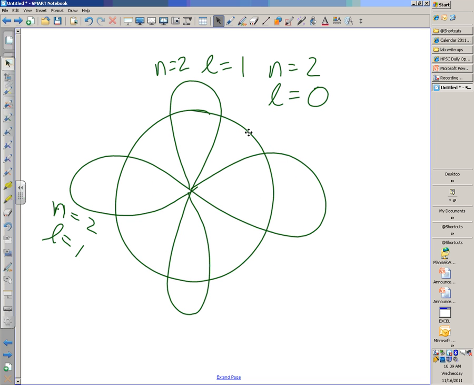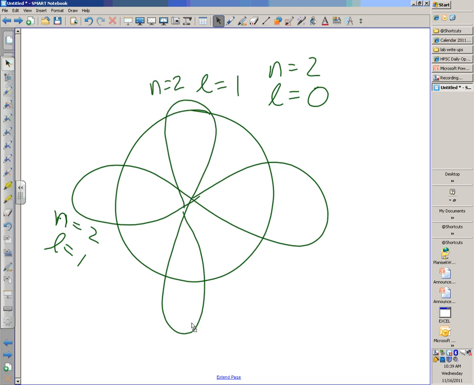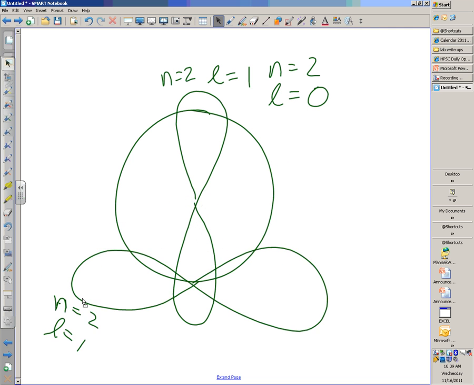But on each street, is there only one place where you can live? No, there's a bunch of different places you can live, and that's where the M number comes in. We have to distinguish this one from this one. So L determines what street you're on, and n determines what city you live in, if we keep up with this address idea.